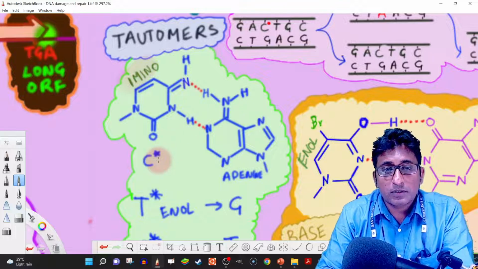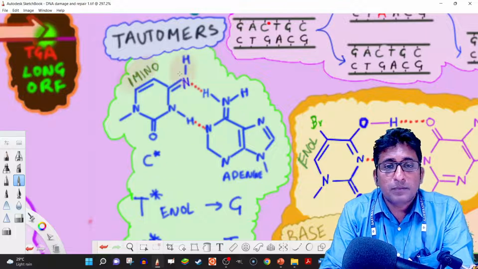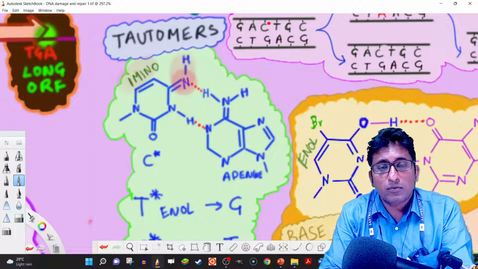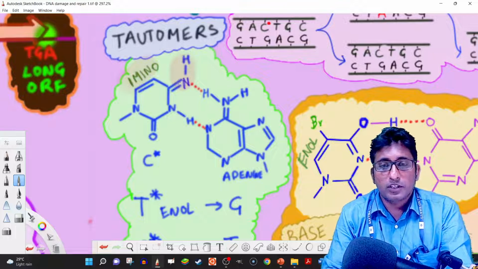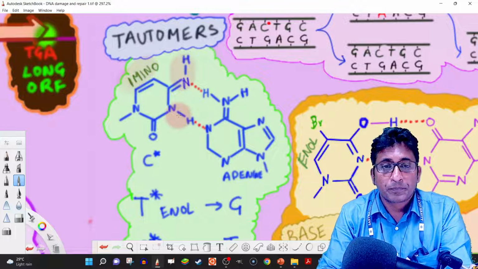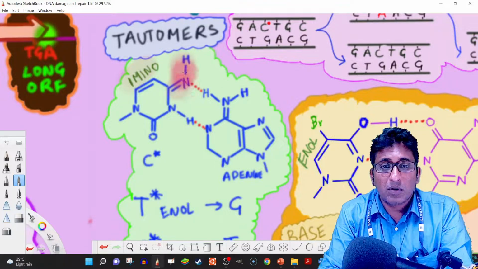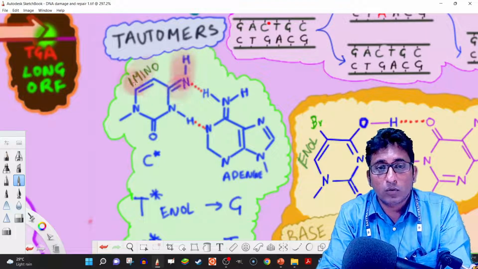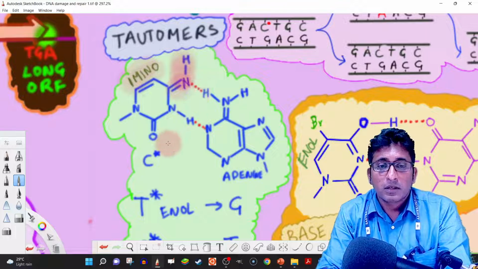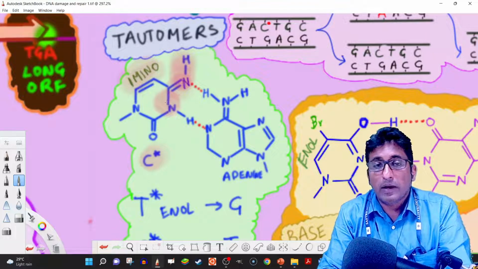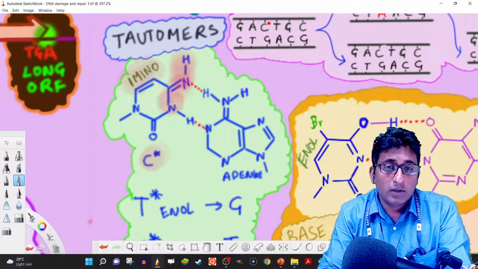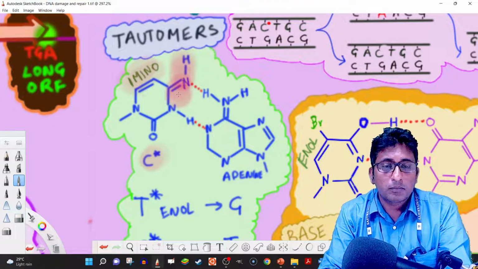We have a cytosine, and it is supposed to have an NH2, an amino group, here, but because of tautomerism, everything is the same except the way these atoms are arranged, and here the bond is N double bond H, which is an imino group, so it is an imino form. These kinds of tautomers are usually rare. The amino form is normally the normal one, and imino is the rare form.